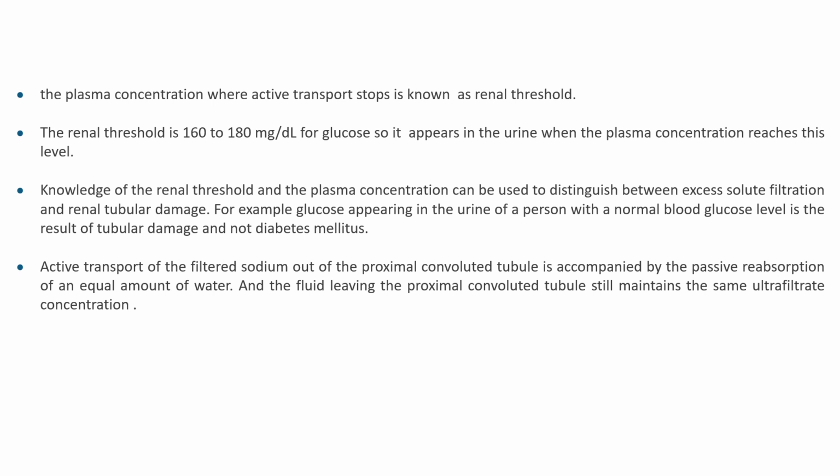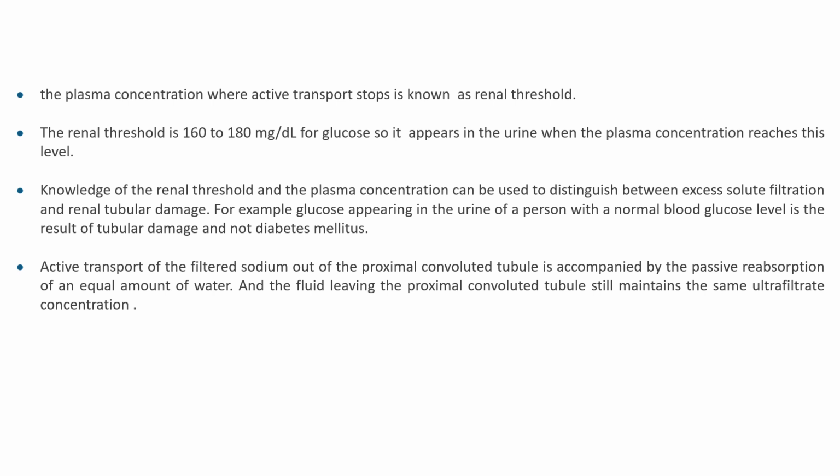The plasma concentration where active transport stops is known as the renal threshold. The renal threshold for glucose is 160 to 180 mg per deciliter, so glucose appears in the urine when the plasma concentration reaches this level.